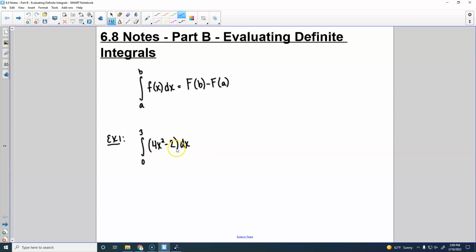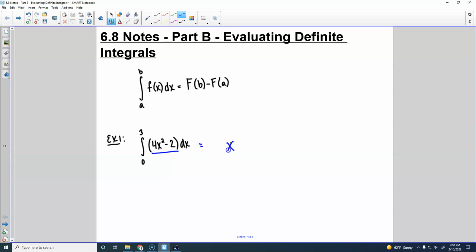Whenever we do these problems, we are going to integrate whatever function we're supposed to integrate. So in this case, Logan, what would we get if we integrate 4x squared minus 2? What do we do to our exponent to integrate?